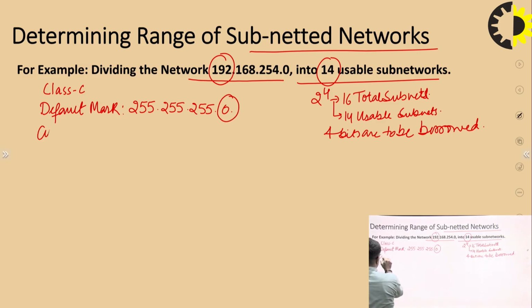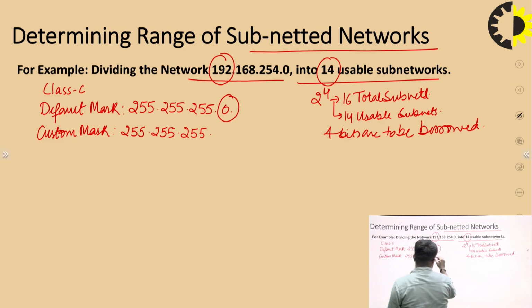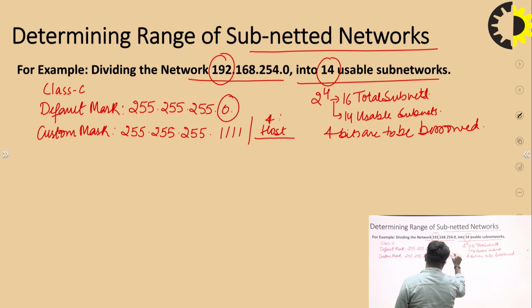So the custom mask becomes 255.255.255 dot, 4 bits from here and the remaining 4 for the hosts. So this 1, 2, 4 and 8 will be used here, and 16, 32, 64 and 128.